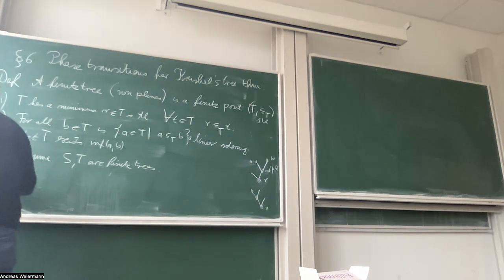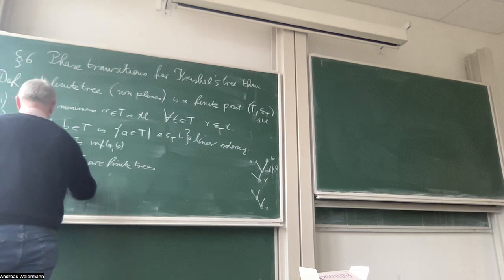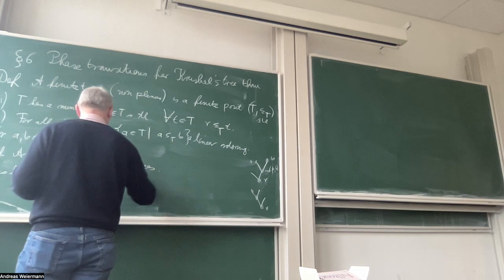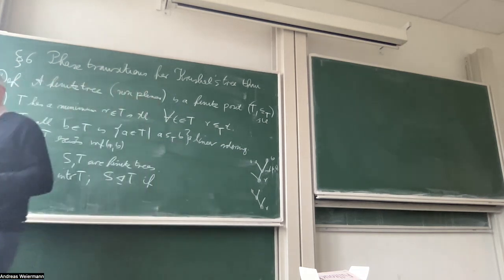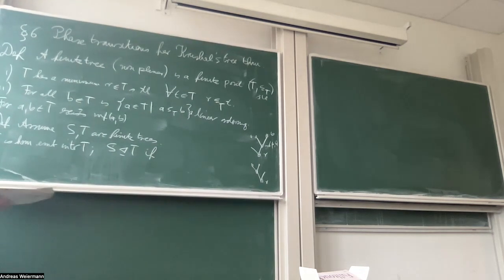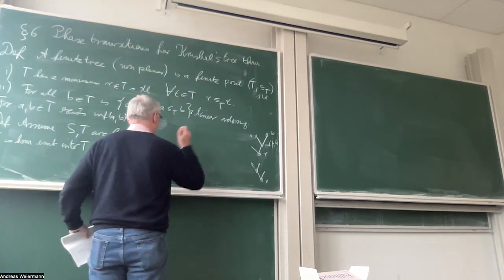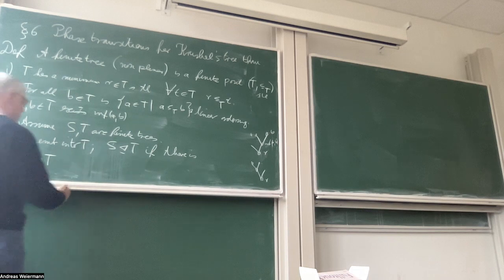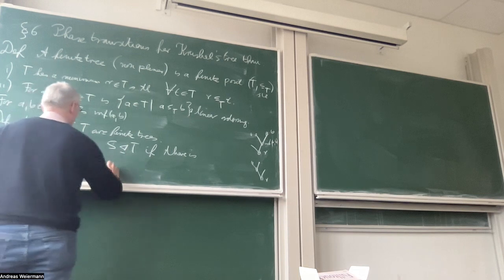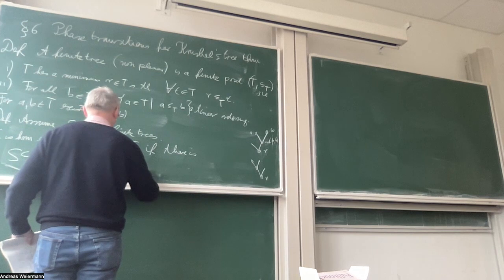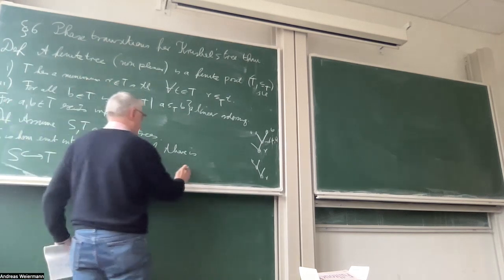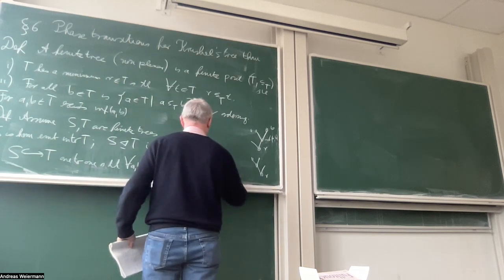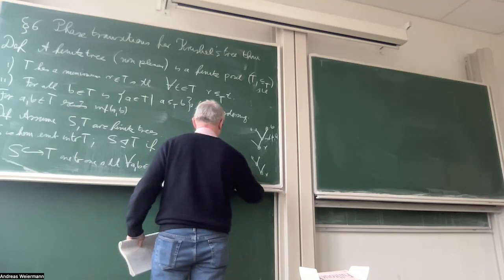We write that S is homomorphically embeddable into T if there is a function H from S into T, one to one, such that for all A and B in S, the infimum of A and B in S, mapped by H, is the infimum in T of H of A and H of B.